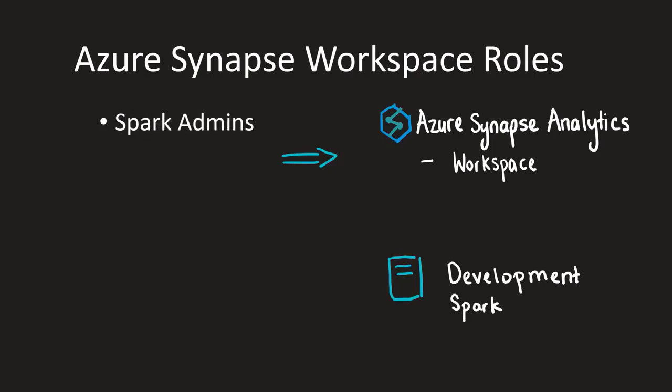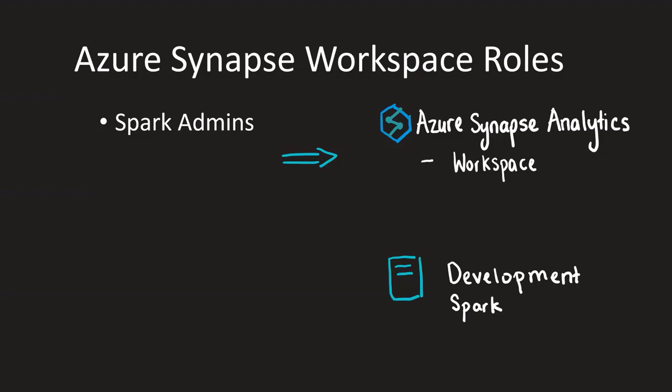And if we have Spark admins, that means development on the Spark side. So just as we had the different components within Azure Synapse Analytics, these workspace roles reflect that same pattern: the Workspace admin, SQL admin, and the Spark admin.